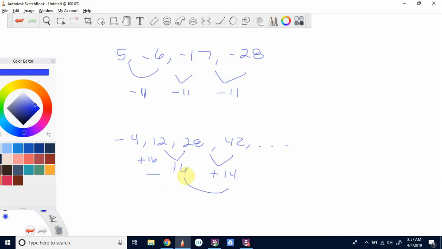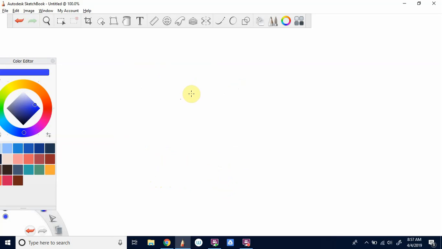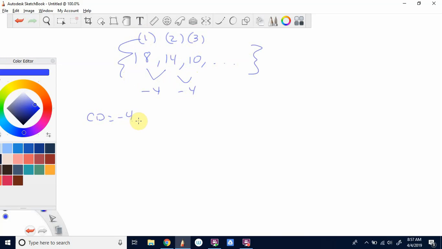Example 2 says, consider the arithmetic sequence 18, 14, 10, dot, dot, dot, and find the next 4 terms. This is term 1, term 2, term 3. First, we find the common difference. I subtracted 4 to get here, and subtracted 4 to here, so my common difference is -4.